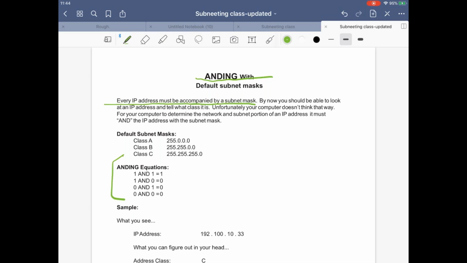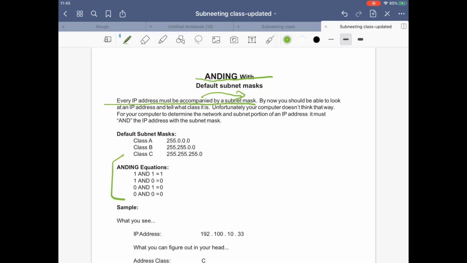Without a subnet mask, you cannot assign any IP address in the networking device. For example, your laptop, tablet, or whatever networking device, if it wants to participate in the network, it should have one IP address, and with the IP address, it should have one subnet mask.